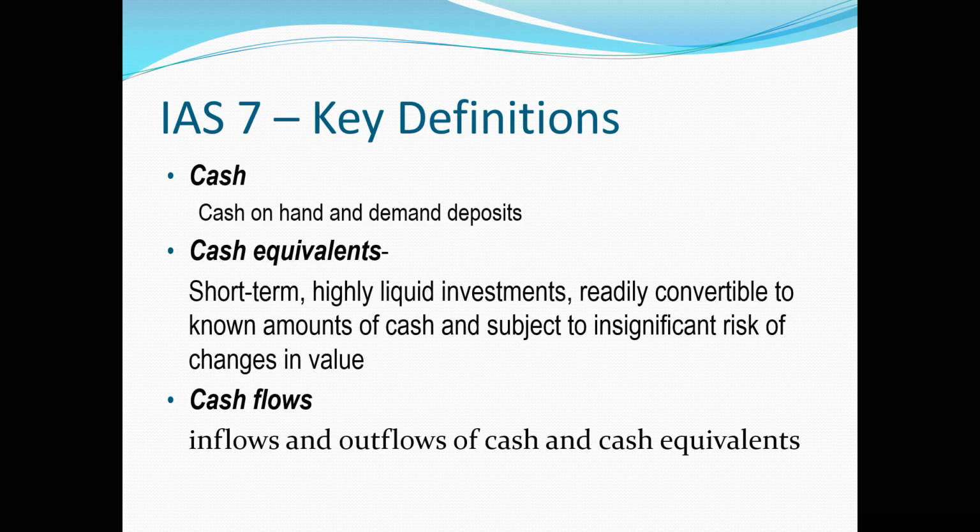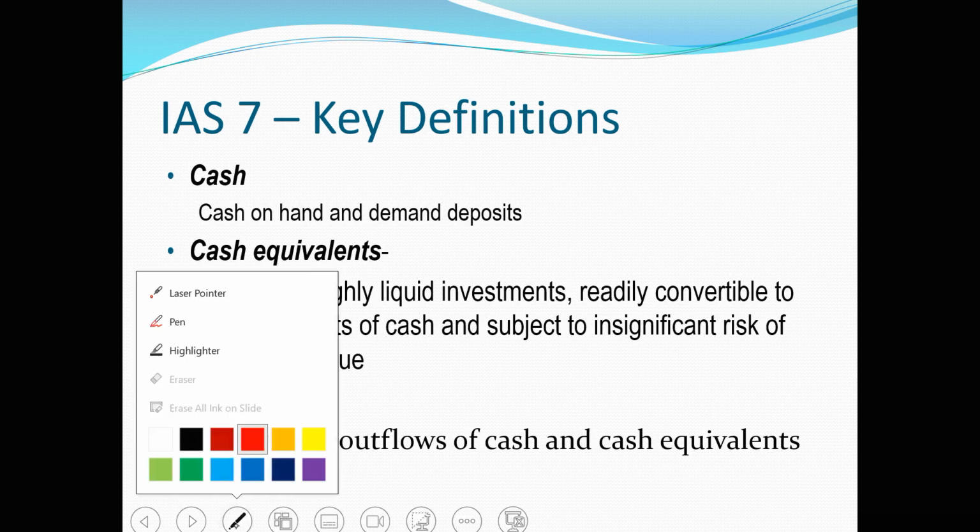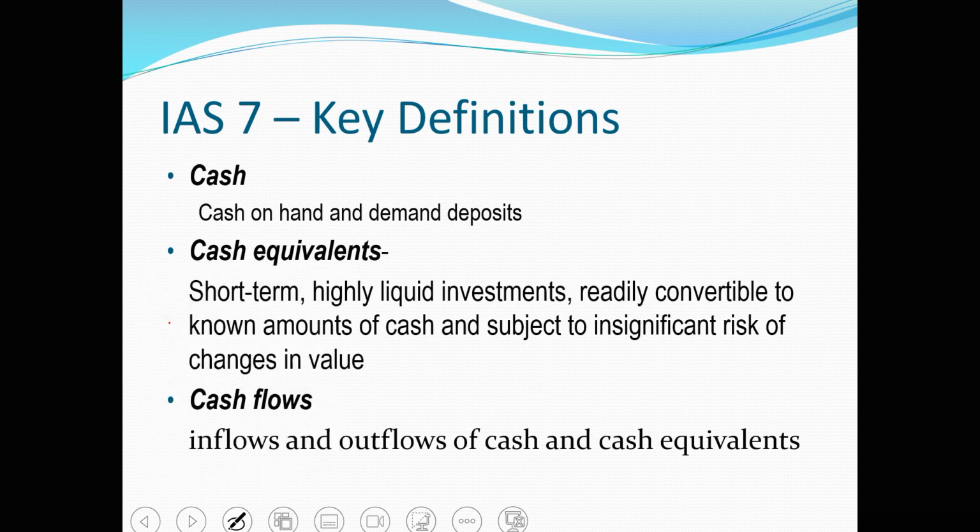Cash is cash on hand and demand deposit. It also includes overdraft. So if you have a bank overdraft, it's part of your cash. Cash equivalents are short-term, highly liquid investments, readily convertible to known amounts of cash, subject to insignificant risk.